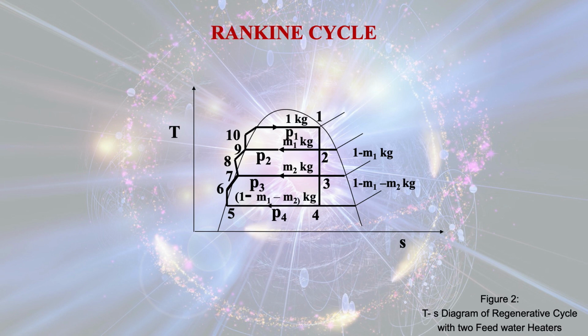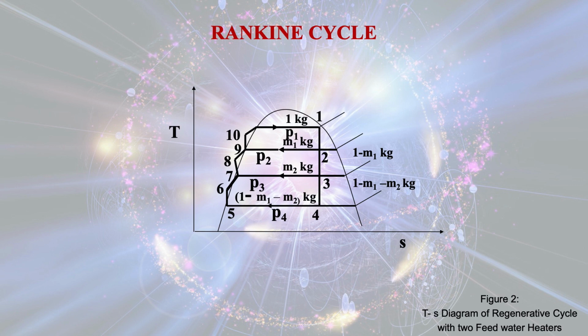Now this is the TS diagram of the regenerative cycle with 2 feed water heaters. 1 kg of steam is entering at the inlet of the turbine. At stage 2, M1 kg leaves the turbine and enters heater 1.